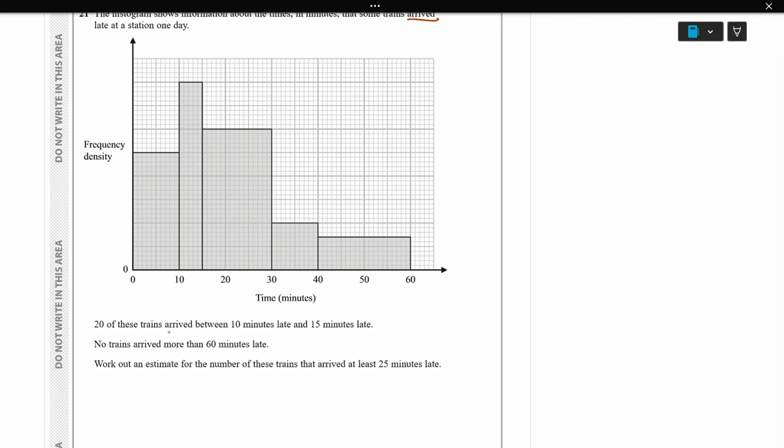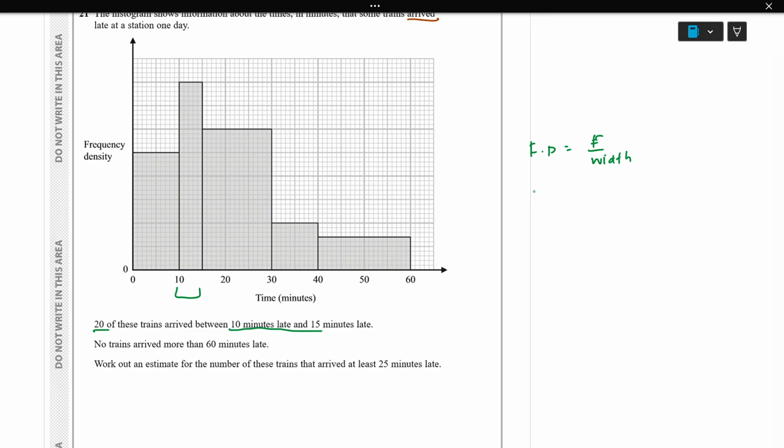Here the frequency density is missing, so the y-axis values on the left side are missing. First, from the first bar we can find it, because 20 of the trains, so the frequency is given between 10 and 15. So 10 to 15, the width is 5. Frequency density equals frequency over the width.